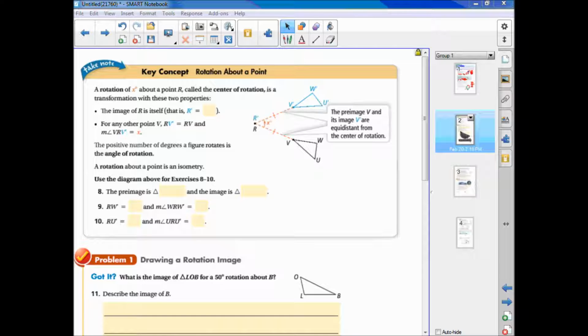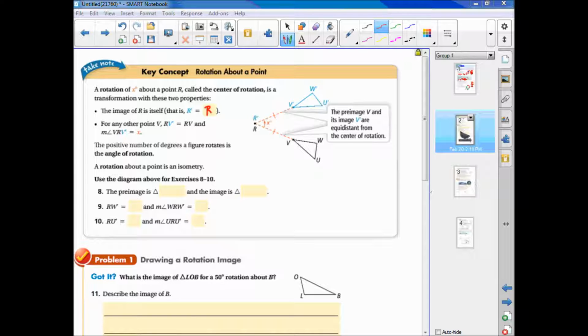On the top of page 2, we have a key concept here: rotation about a point. A rotation of x degrees about a point R, called the center of rotation, is a transformation with these two properties. The image of R itself, that is R prime, is the same as R. So if you rotate about a point and the thing you're rotating is that point, it doesn't change.